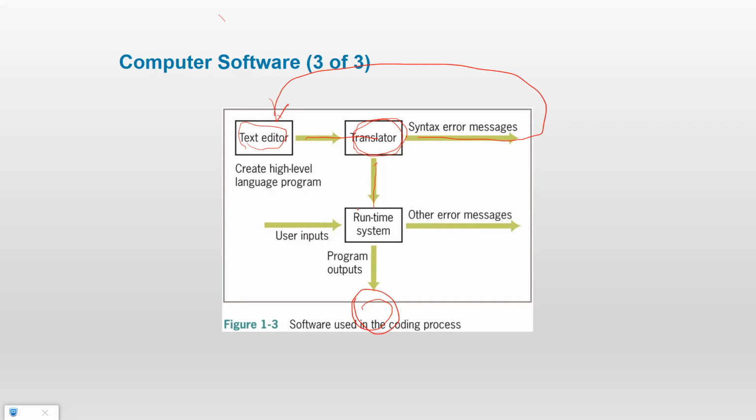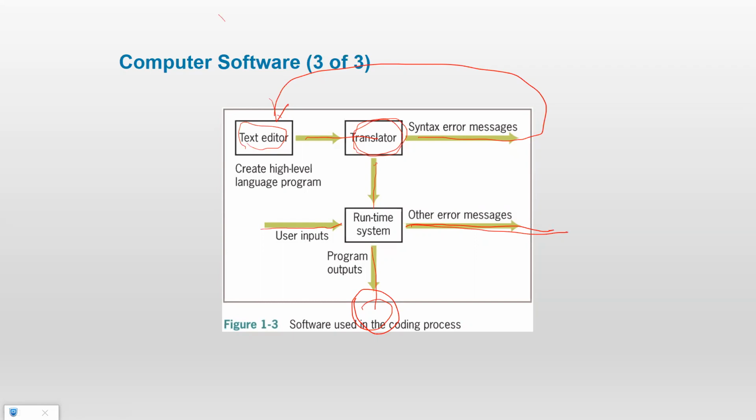At runtime, you might have errors also. We call that a runtime error. If you have a runtime error, it crashes the system. The user inputs things, and if you have a runtime error, it crashes. If it's correct, it produces the result. Okay, that is the process.